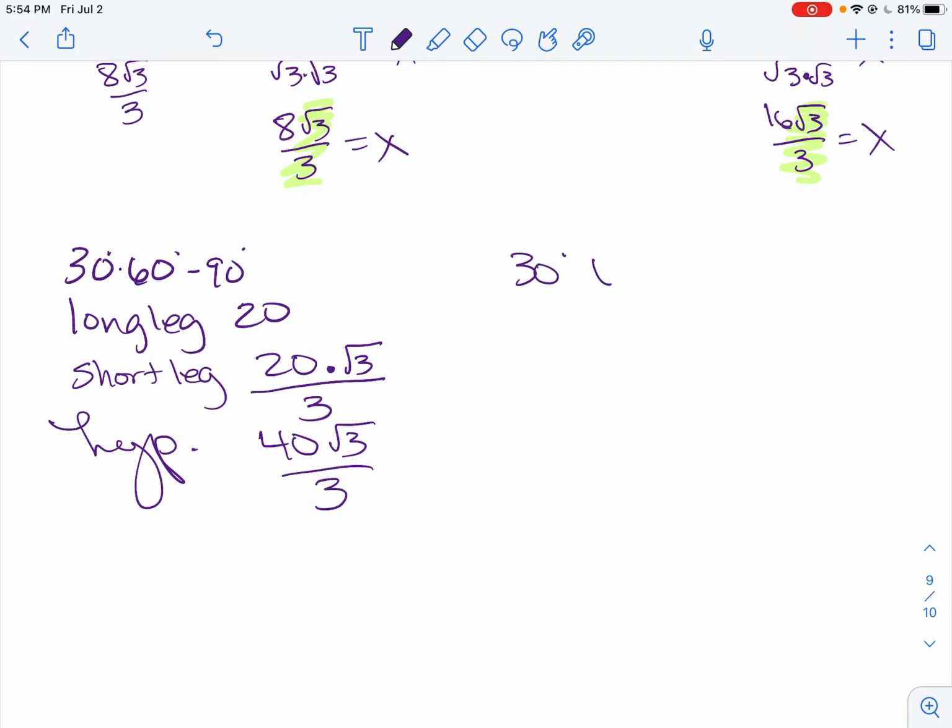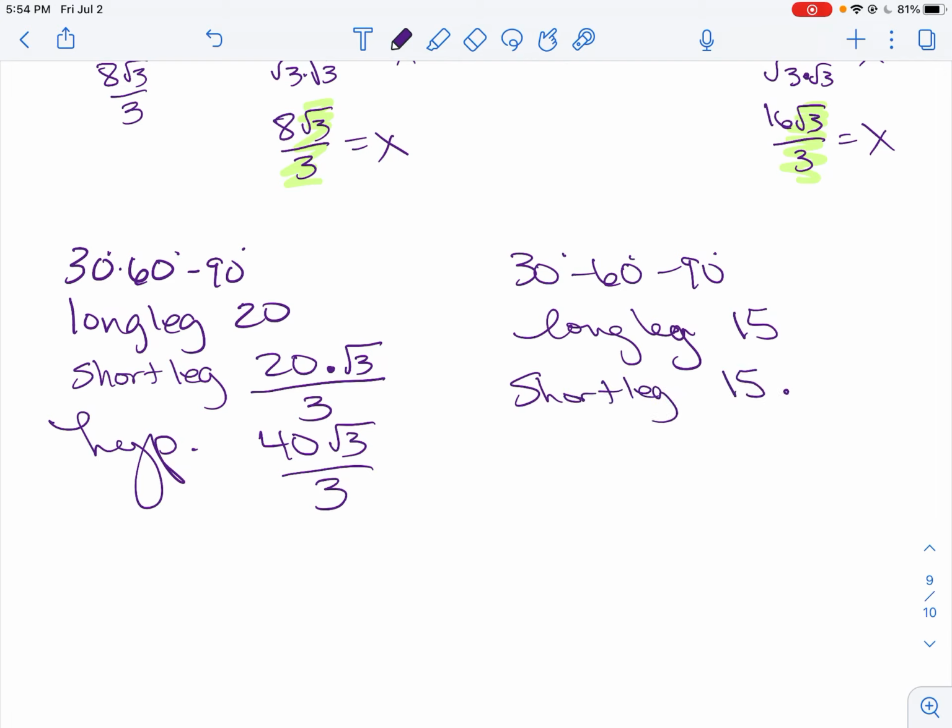Okay, again, if I'm given a 30, 60, 90 triangle, if I'm given the long leg, not the longest side, but the long leg, and it's going to be 15, let's say. That means my short leg, I take the long leg, I multiply it by the square root of 3 over 3.